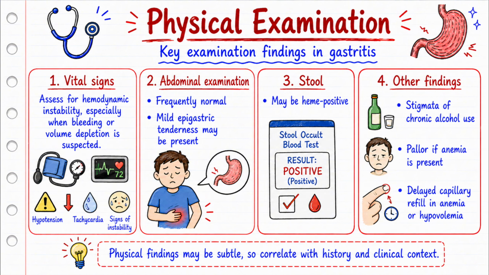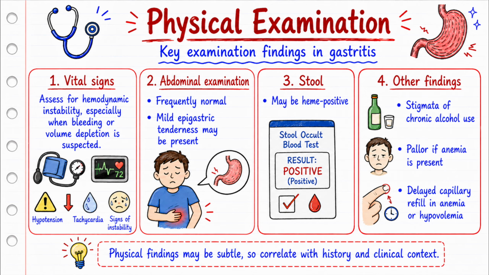Hypotension, tachycardia, dizziness, or delayed capillary refill may suggest hemodynamic instability. Pallor may indicate anemia, and some patients may show physical signs associated with chronic alcohol use. Stool testing may occasionally reveal occult blood. Overall, physical findings can be subtle, so they must always be interpreted together with the patient's history and symptoms.